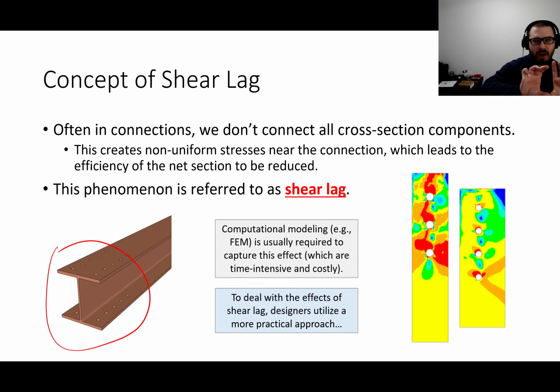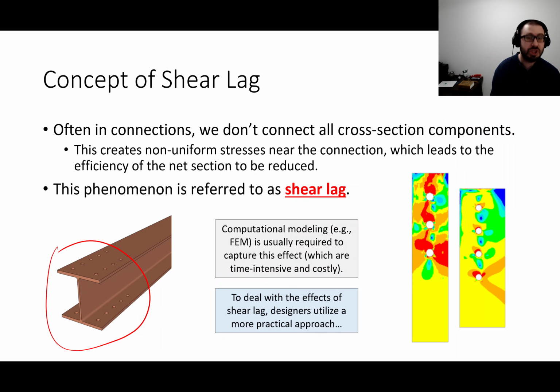It takes a while for those stresses to propagate from the flanges throughout the rest of the member. It takes a little bit of distance along the member to do that. So some of the cross section is experiencing this tensile force, and some of it isn't. Some of it is lagging behind, waiting to receive that load. So one part experiences load and the other doesn't, and it creates an internal shear.